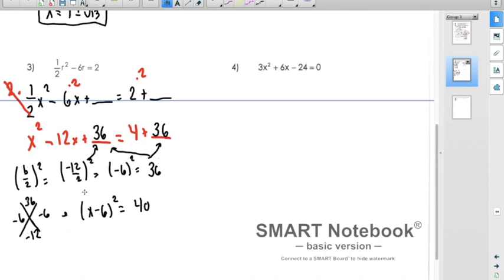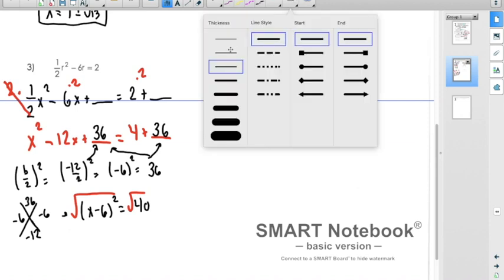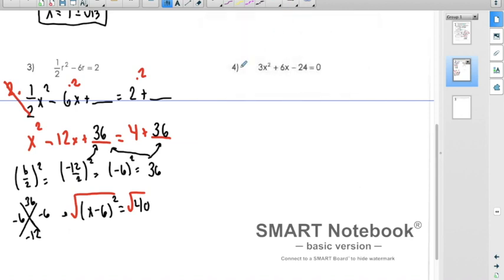Now, solving for x, we've got to square root both sides. Then we'll have x minus 6 equals plus or minus the square root of 40.